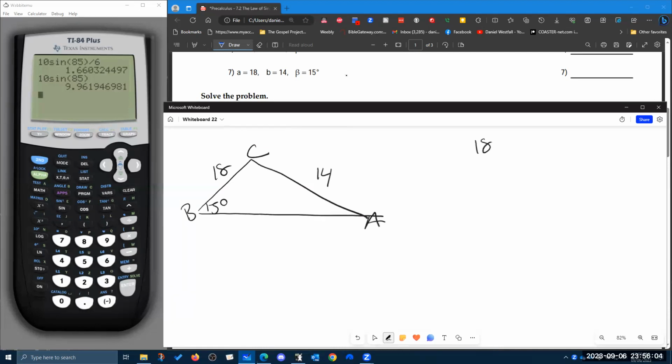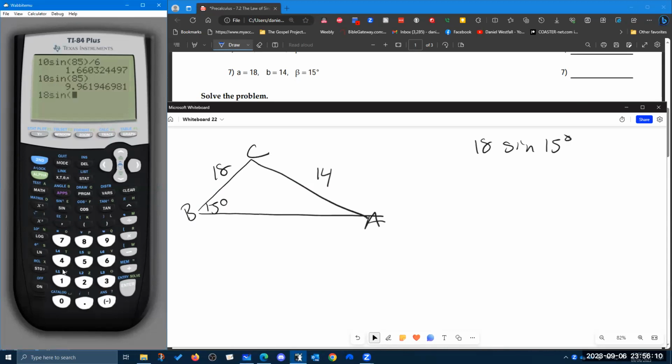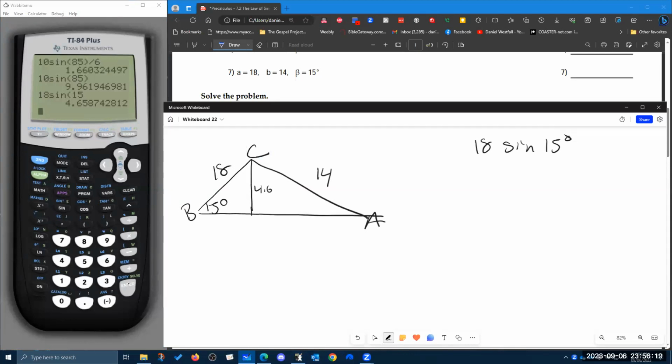Like we've talked about before, 18 sine of 15 is going to be 4.66 approximately. So 14 is definitely bigger than that, but 14 is not bigger than 18 this time.